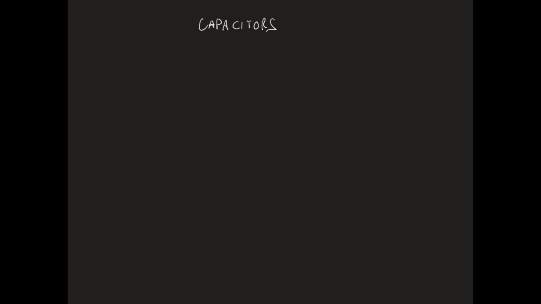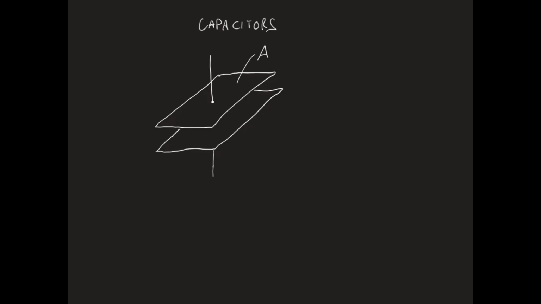So suppose we have a capacitor consisting of two parallel plates with area A. Suppose the distance between the two plates is D. Let's assume that the dielectric material used as an insulating layer between the two plates has permittivity epsilon.